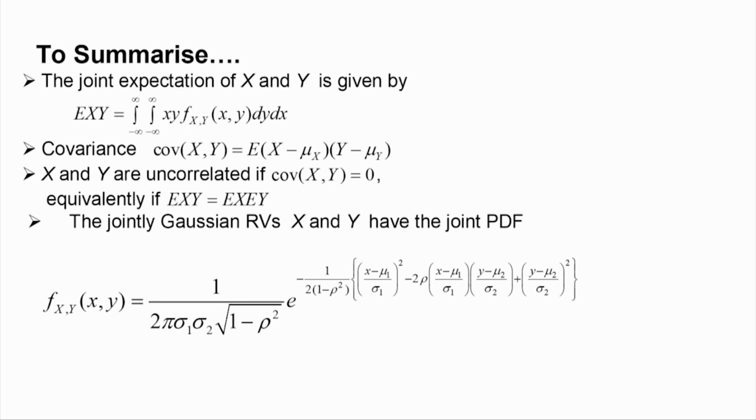We defined jointly Gaussian random variables x and y. The jointly Gaussian random variables x and y have the joint PDF given by this.